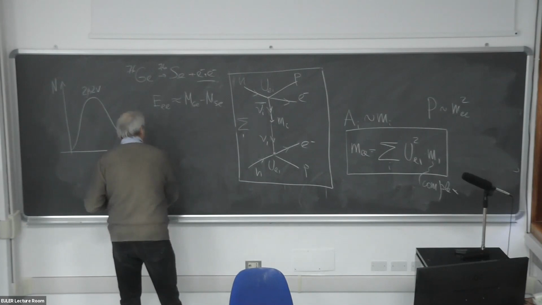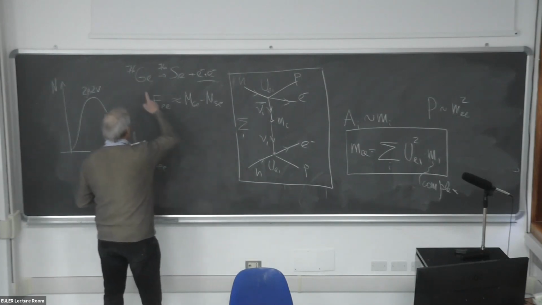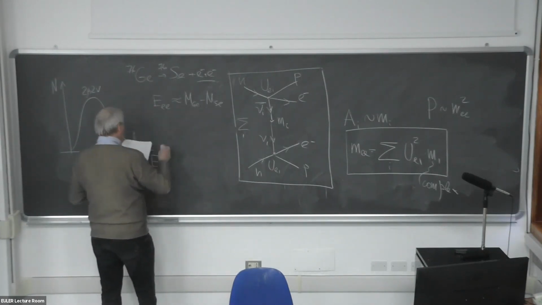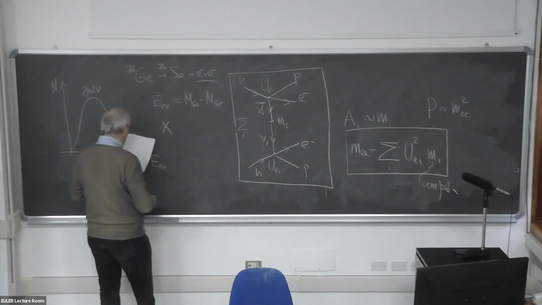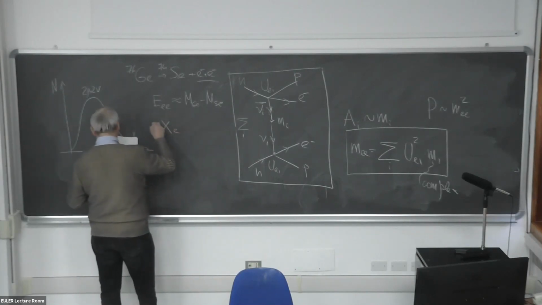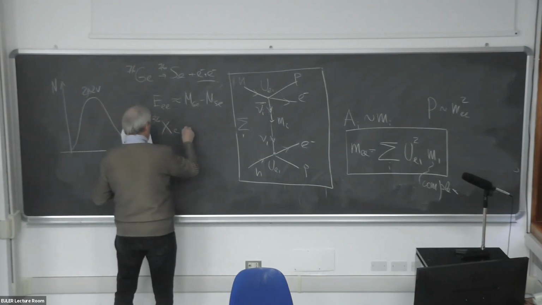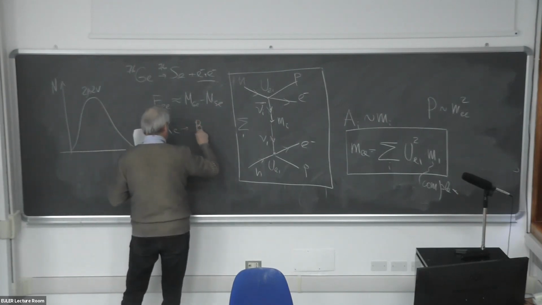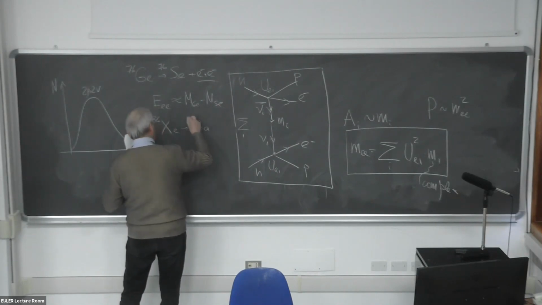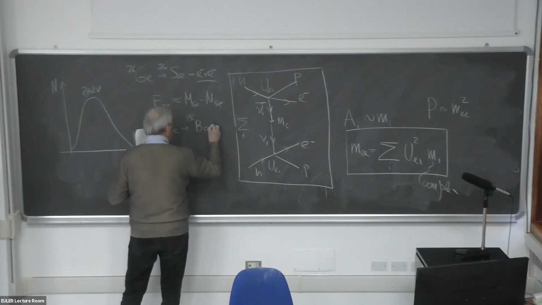Okay, so this is one of the elements which was used. Another one for which the best bound has been obtained is xenon 136, which can decay into barium 136 plus 2 electrons.